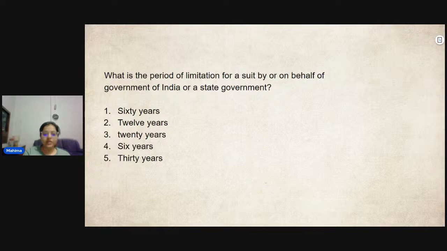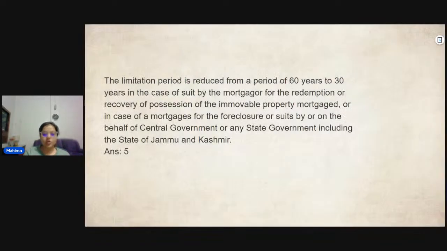What is the period of limitation for a suit by or on behalf of the Government of India or a state government? 60 years, 12 years, 20 years, 6 years, 30 years. Everyone is saying 5. Yes, it is option number 5.